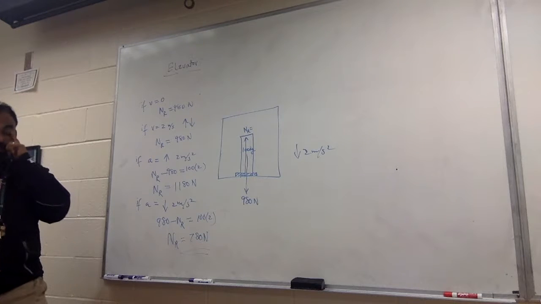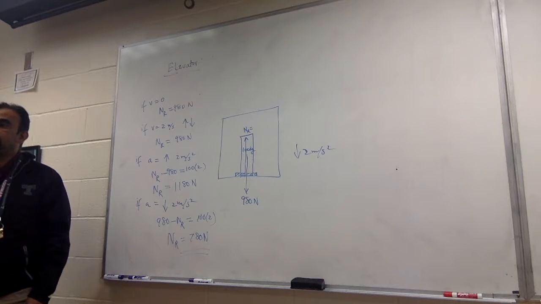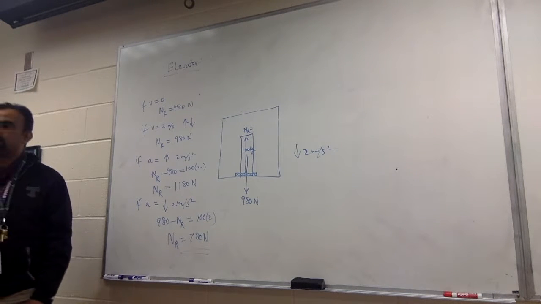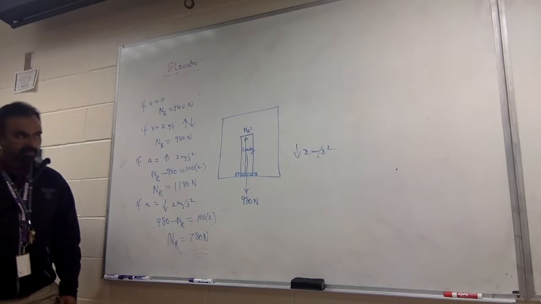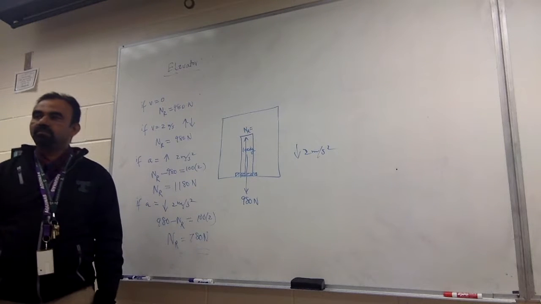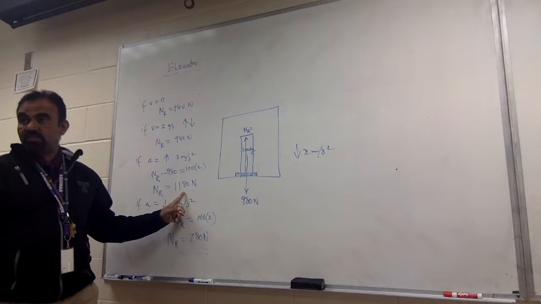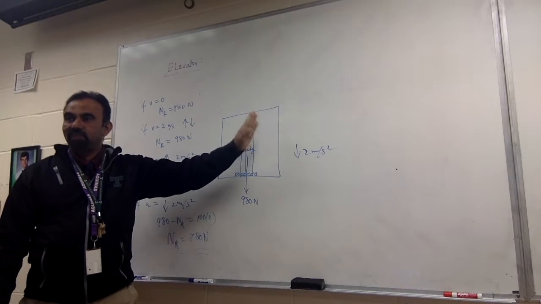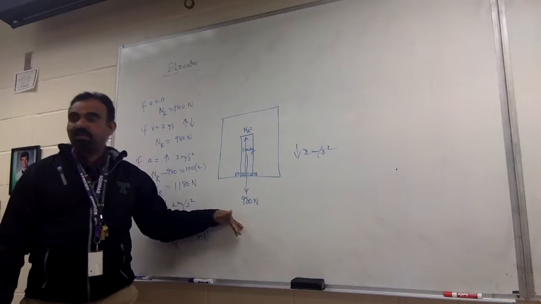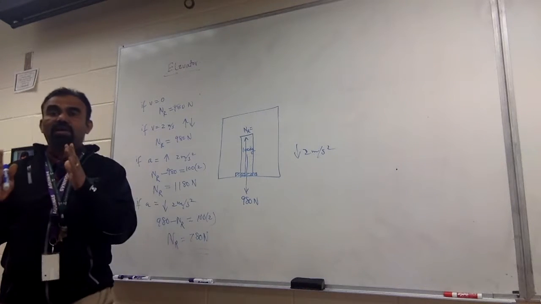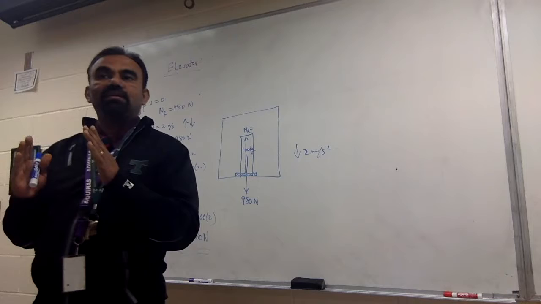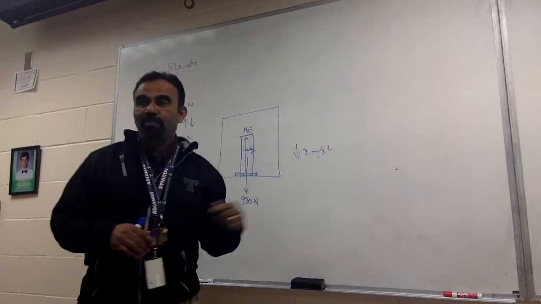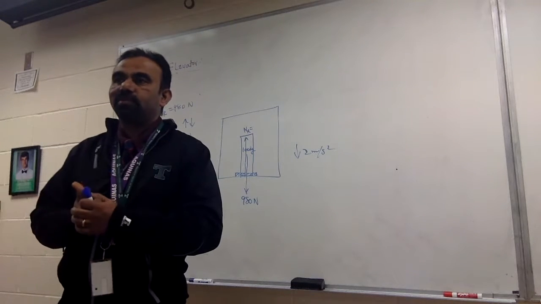Is this part clear so far? Yes. So the normal reaction is going up, but why is that making you heavier? Because the whole acceleration is upward. When the acceleration is upward, this must be bigger than this. See, you as an object, if the elevator is accelerating upward, you are also accelerating upward.